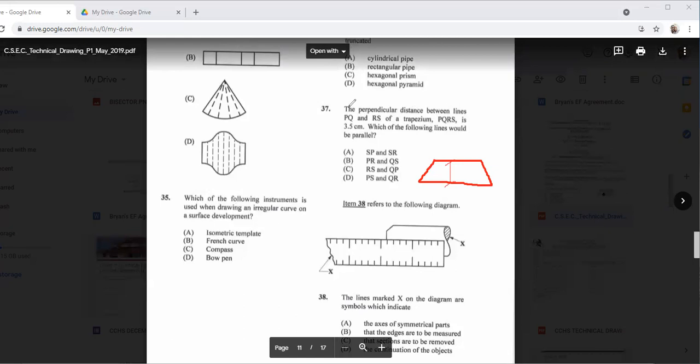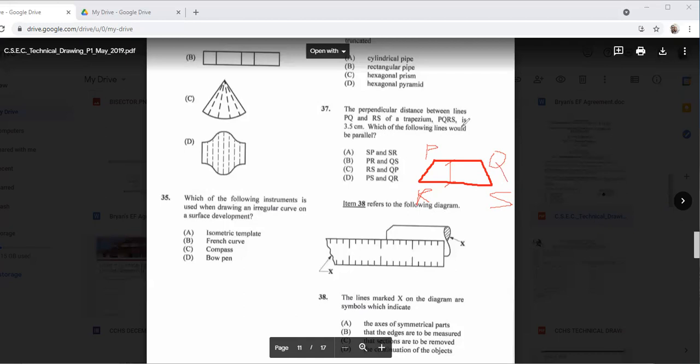So the perpendicular distance between line PQ and RS of a trapezium PQRS is 35 centimeters.